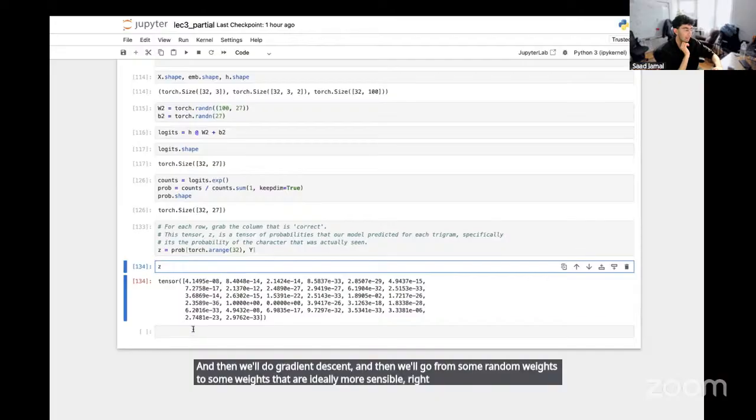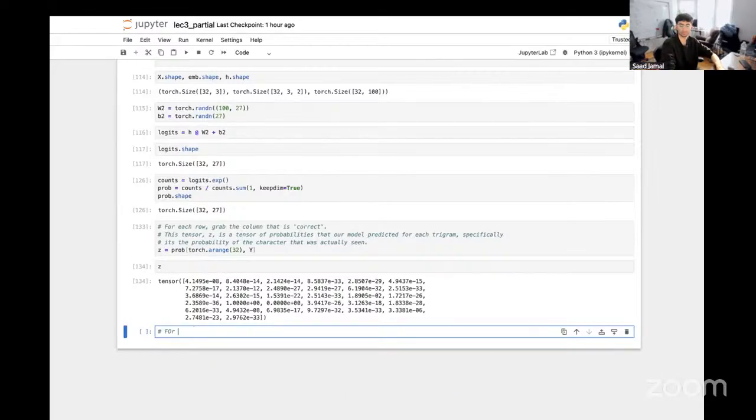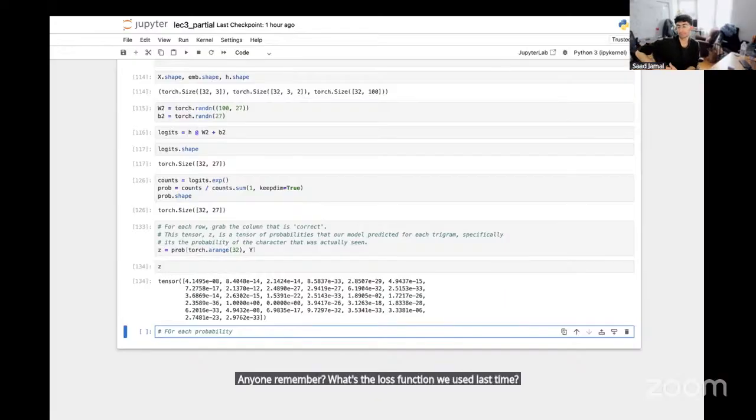So anyone remember, how do we calculate loss? What's a good loss function when you're dealing with probability distributions? Anyone remember? What's the loss function we used last time? Log loss.